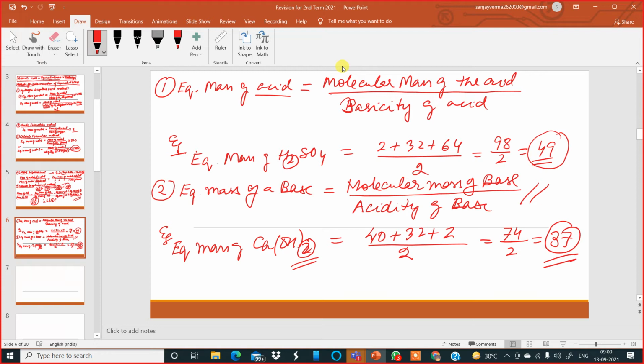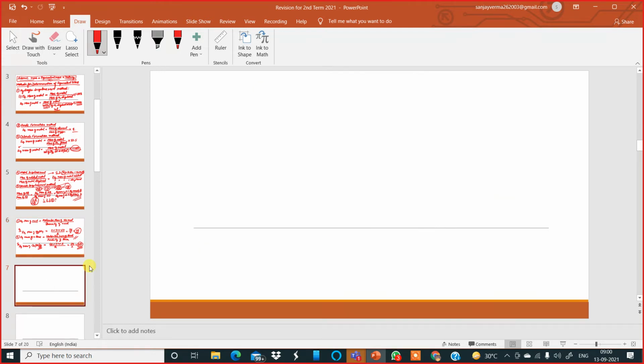Now moving to the other formula, number 3, the third formula for equivalent masses. Say if you are told to find the equivalent mass of a salt, then what will you do?